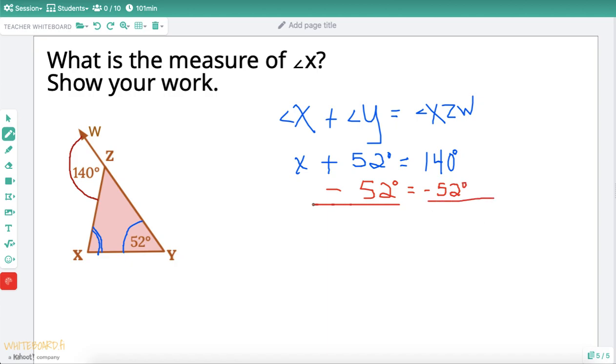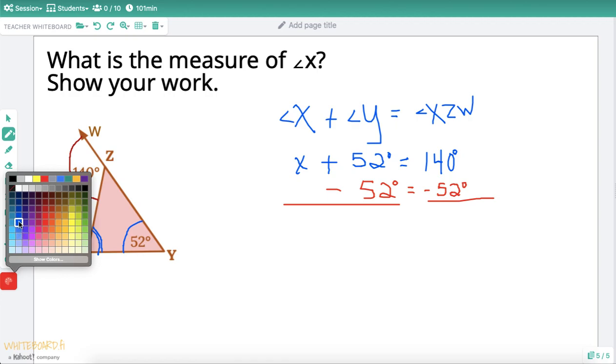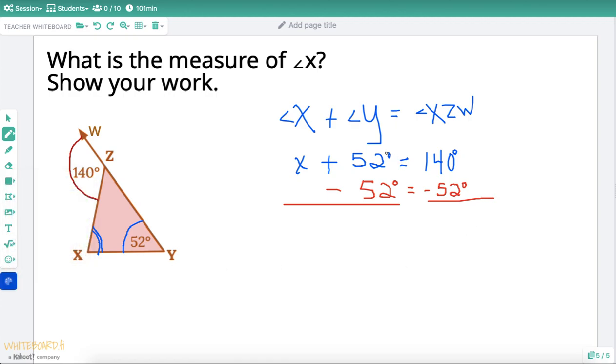That is an important thing in mathematics, to make sure that you stay equivalent. So that said, I can cross these out, because 52 minus 52 is 0, it subtracts itself out. I'm left with x. That's what comes down from here. Okay, and my equal sign also follows me. Notice it's a straight line that kind of goes down, separates the left and the right.